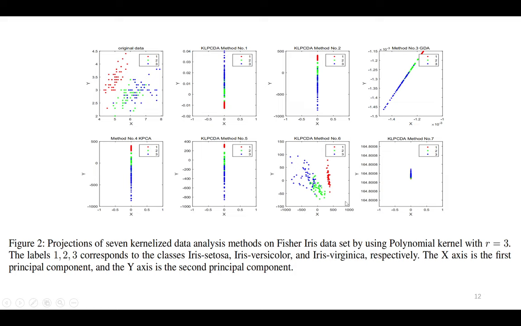Generally speaking, the results are no better than the Gaussian kernel, and our proposed method number 1, number 2, number 5 have similar results as JDA and KPCA, and our proposed method number 6 performs not bad. It indicates that our proposed method performs no worse than JDA and KPCA.